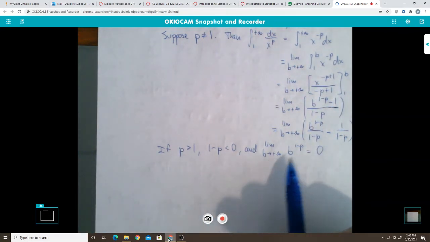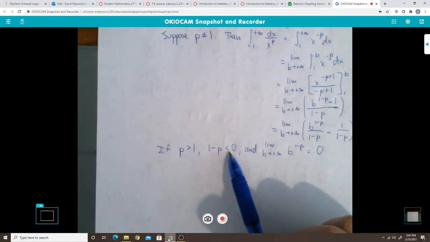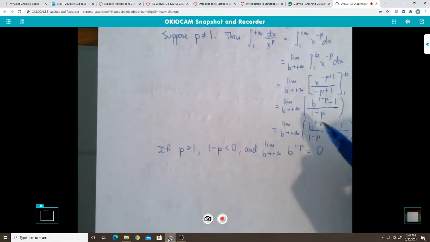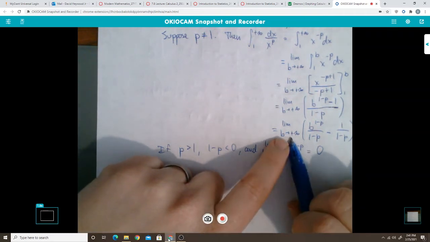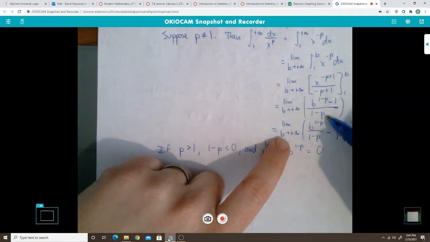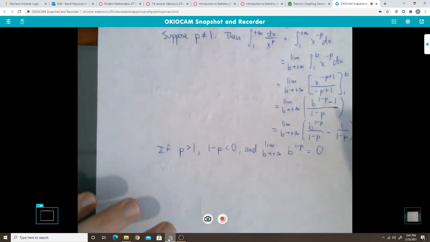Because the exponent's negative, and so you're taking a really big number to a negative exponent. That's 1 over a really big number to a positive exponent, which is going to send it to 0. In which case, this part would just go to 0, and so the limit would just be negative 1 over 1 minus p, right?